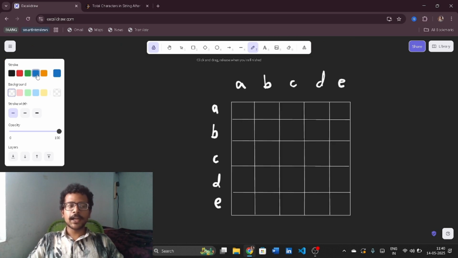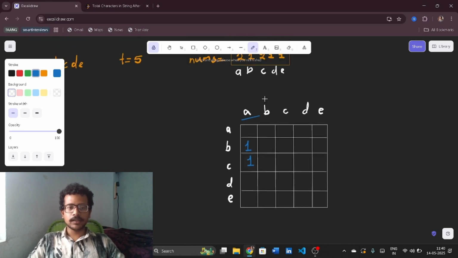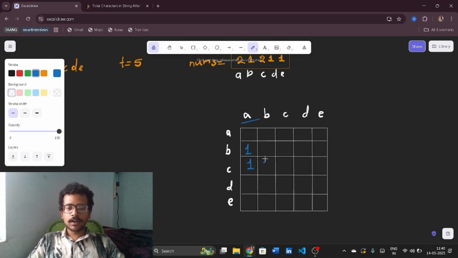Because when I get A, then I'll get 1 B and 1 C. When I get B, then after one transition there will be 1 C. Now when I get C, there will be 1 D and 1 E. Now the next question arises in your mind: what if there are two A's, one B, three C's, two D's, one E?